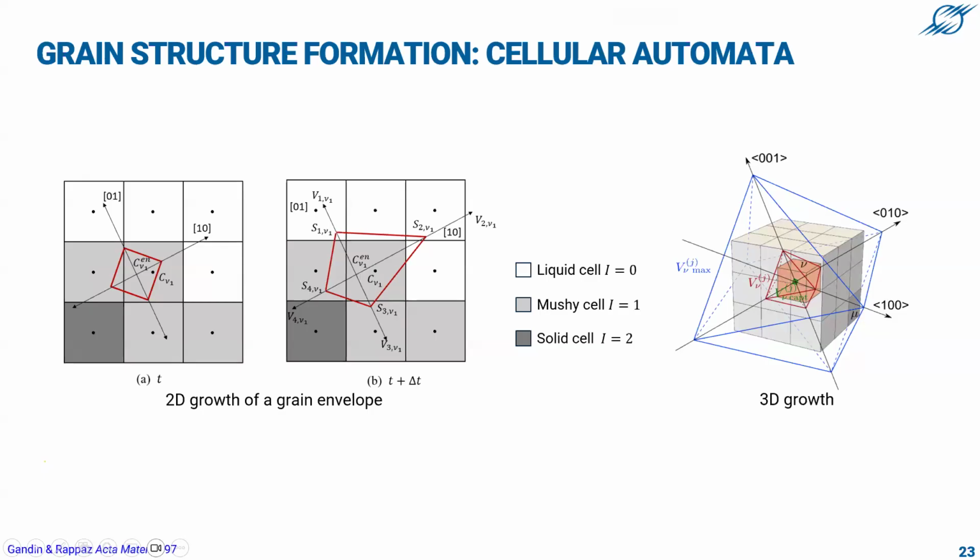so you have another grid, in addition to the finite element grid, that is much finer and that is able to capture the growth of the envelope of grains. So not really the dendritic growth of each dendritic arm, but the envelope of grains that are captured by this method.